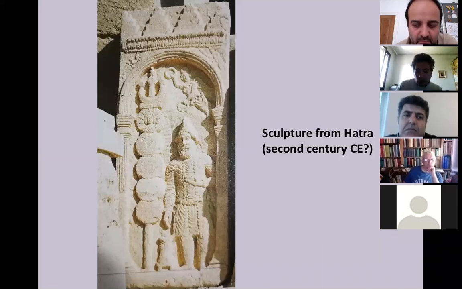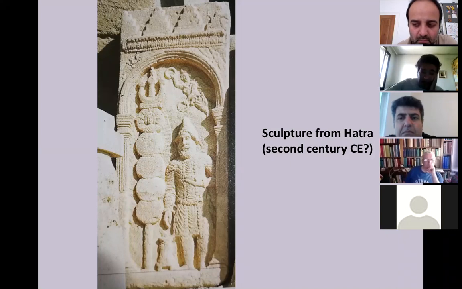So these people were very open to Greek art, obviously, like everybody else in that period. And they had this attention to everything which was coming from the Iranian world, especially Parthian art.